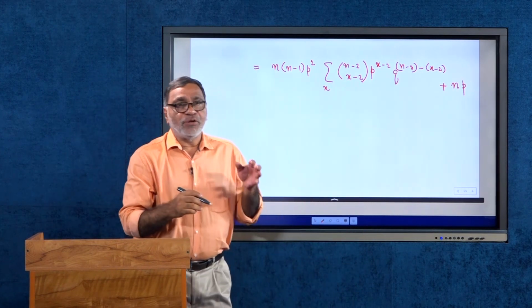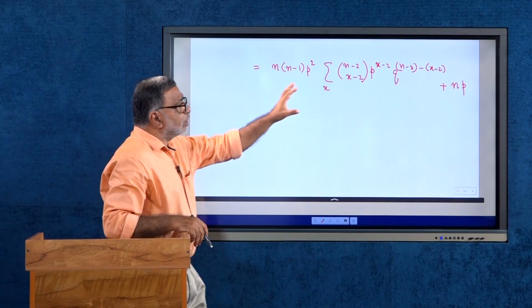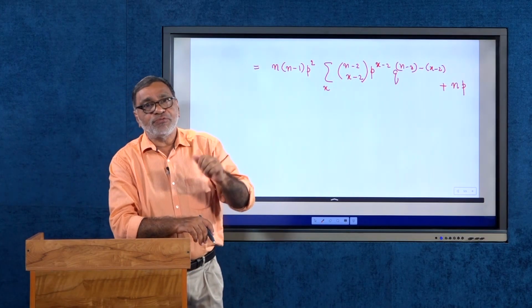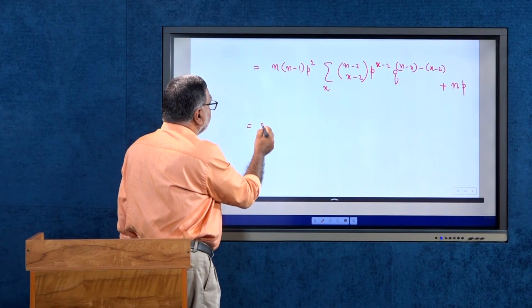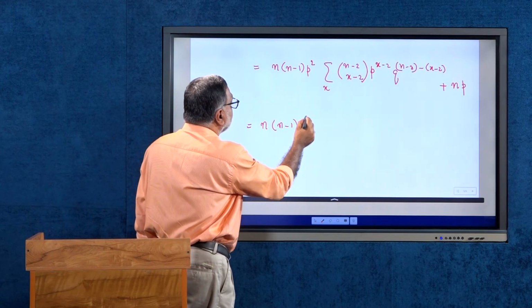So, expectation of x square is equal to n into n minus 1 p square, this expression, plus the expectation of x, that is np. So, this is actually n into n minus 1 p square.